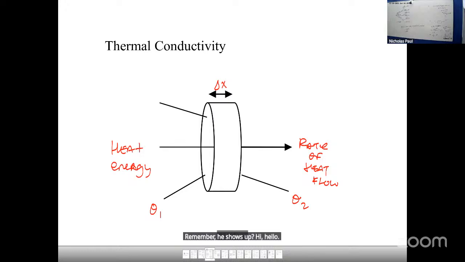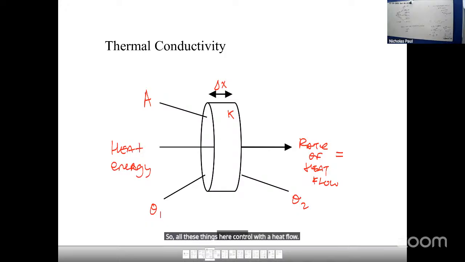So there must be a high temperature and a low temperature. Well, what else will it have? Well, we have to consider the area. So there's a cross-sectional area. And there's one more thing called the thermal conductivity and the symbol K. So all these things here control rate of heat flow.